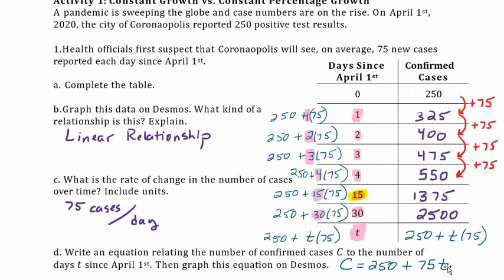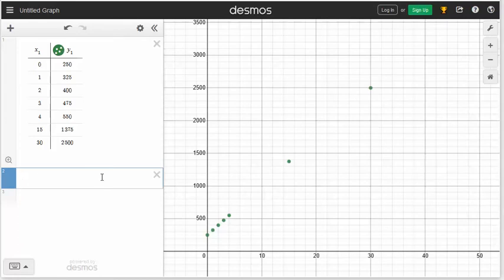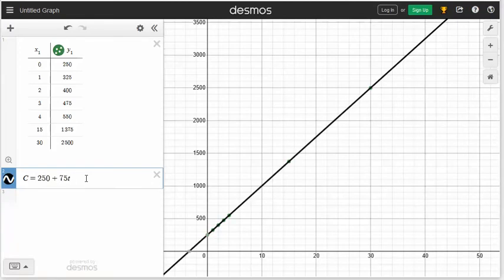So we're going to go to Desmos and graph this, all right? We're going to go over to Desmos, and right below our table here, we're going to click right there, and it's going to create a new space for us. And we're going to put in the equation we just did. C equals 250 plus 75T. All right, so what do you notice? We have this line, and this line represents all the possible points for all the cases in all the days, not just the ones we did in our table.